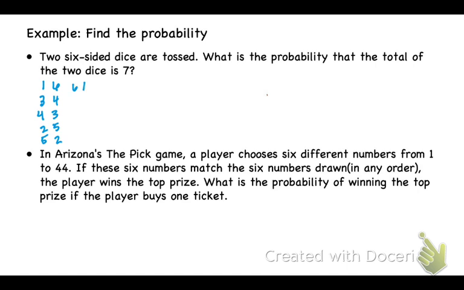Any more? No. So 6 ways. So we're going to do the probability of a sum of 7.